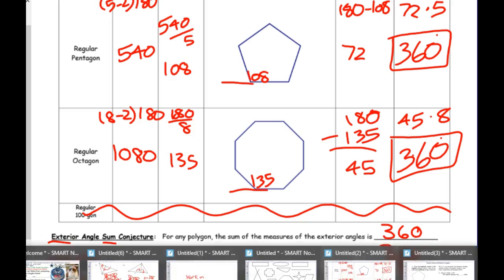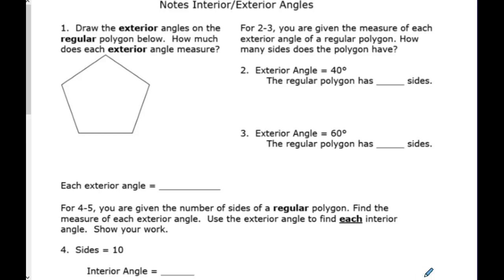So picking up from yesterday, number 1 says draw the exterior angles. Basically, we can just use the formula. We just said each exterior is what formula? 360 over n. So what does n stand for? Number of sides.